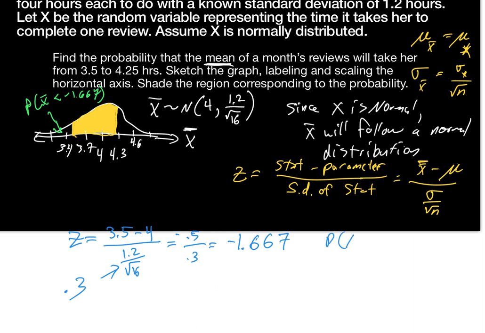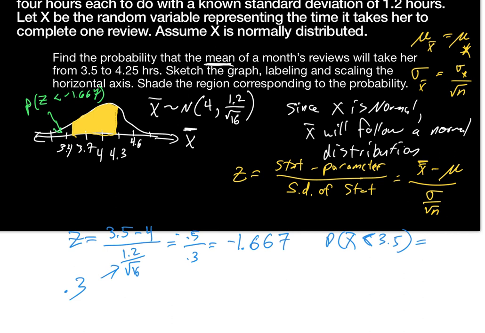Sorry, we converted it to Z, so I have to make sure that's a Z. Z is less than negative 1.667. This is the probability that X bar is less than 3.5. It's the same value.